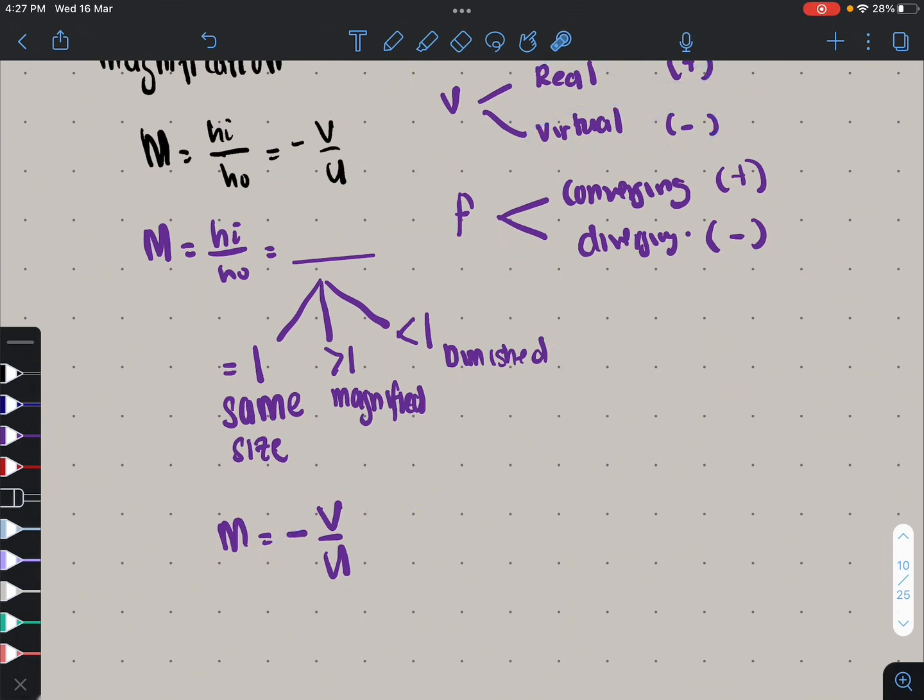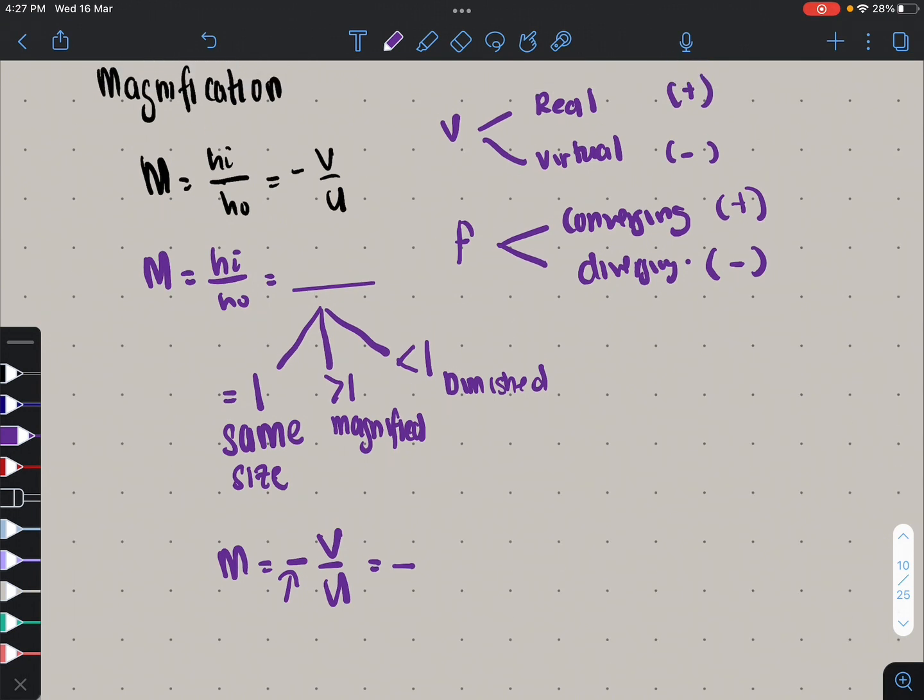Okay, so when you do calculation here, disebabkan equation kita memang ada negatif, let's say your image is a virtual image, so kita akan ada negative value here divided by real object, kita akan dapat a positive magnification dekat sini.